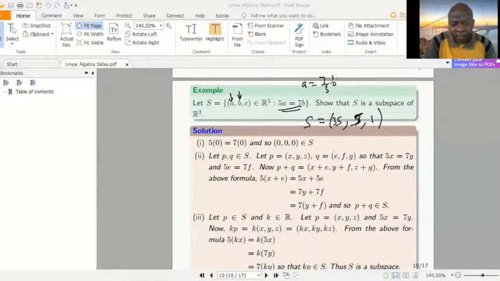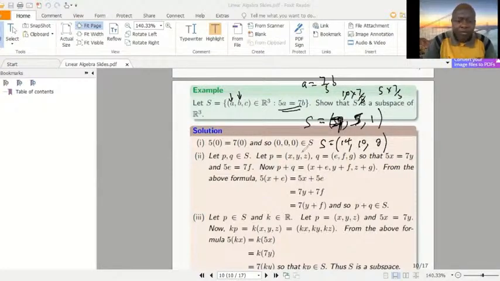A is B times 7 out of 5. If I have 5 here, times 7 out of 5, this is supposed to be 7. Another example of a vector here: if B is 10, then A will be 10 times 7 out of 5, which is 14.